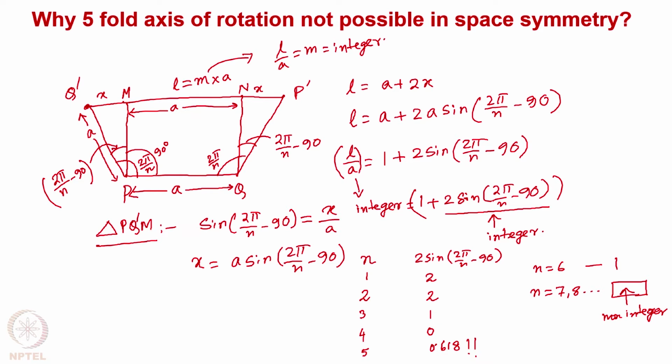So that indicates that in case of three-dimensional periodic systems, we can only have values of n as 1, 2, 3, 4 and 6 and not as 5 or anything higher than 5. So this puts a restriction on the number of principal axes that one can think of in crystallography.